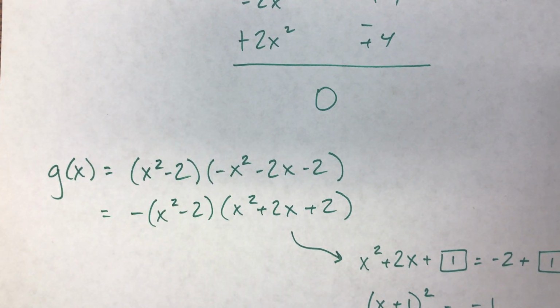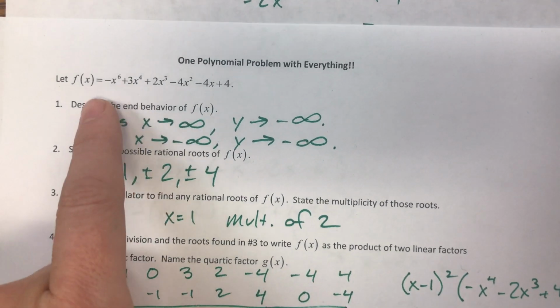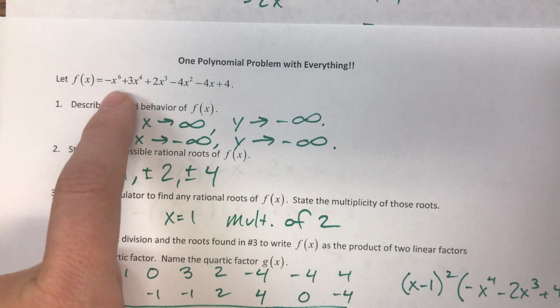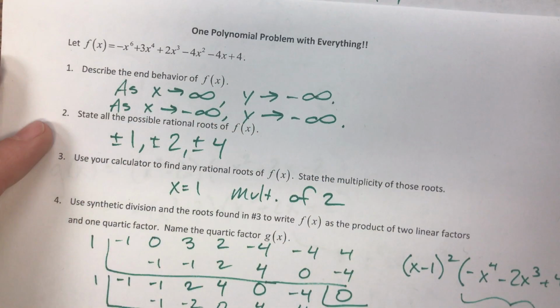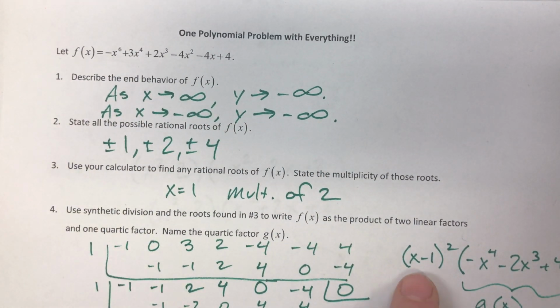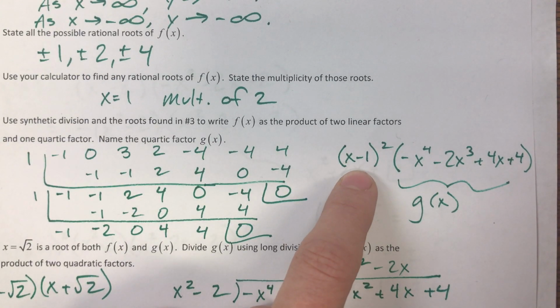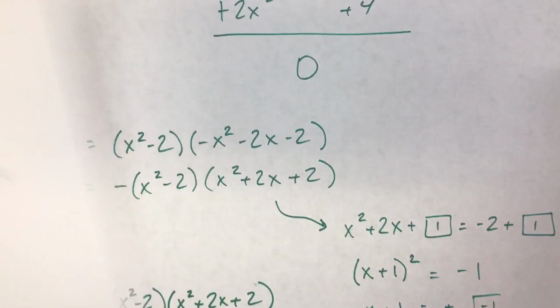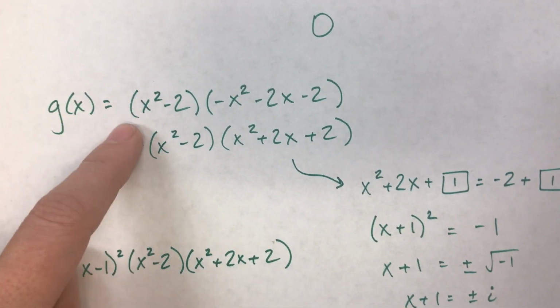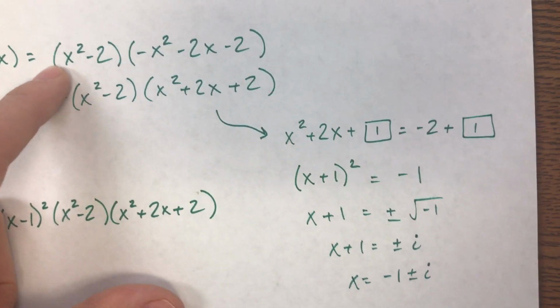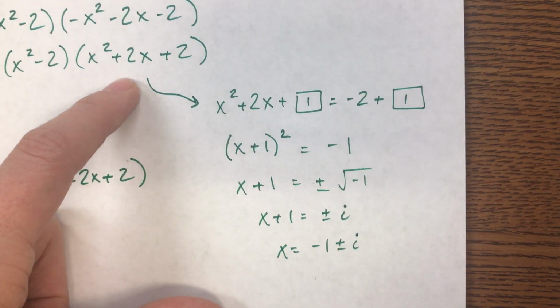So if we think back, sorry, all the papers. If we think back to f of x, we now know 3 different factors that can multiply to get it. Well, actually 2 linear, and then now 2 quadratics. Okay, so then I went ahead and took this one right here, and I completed the square.